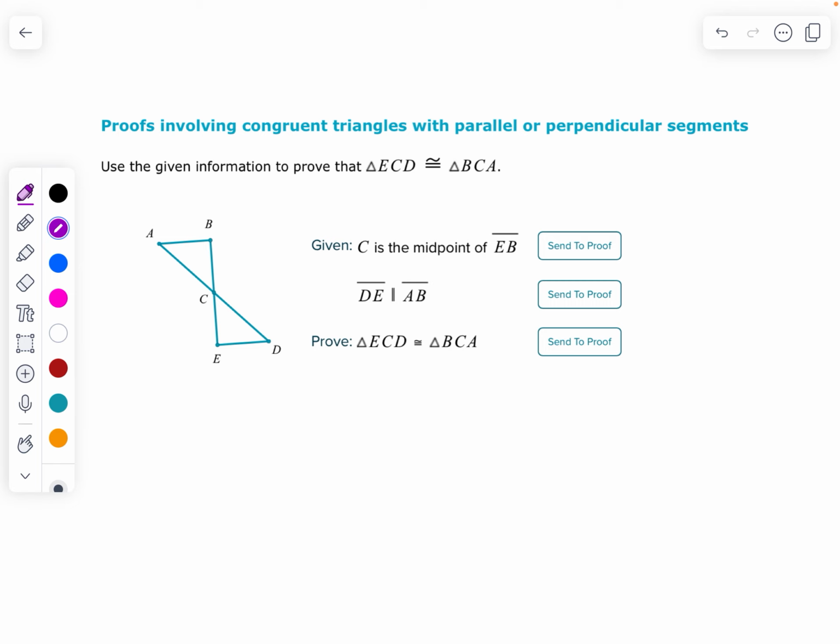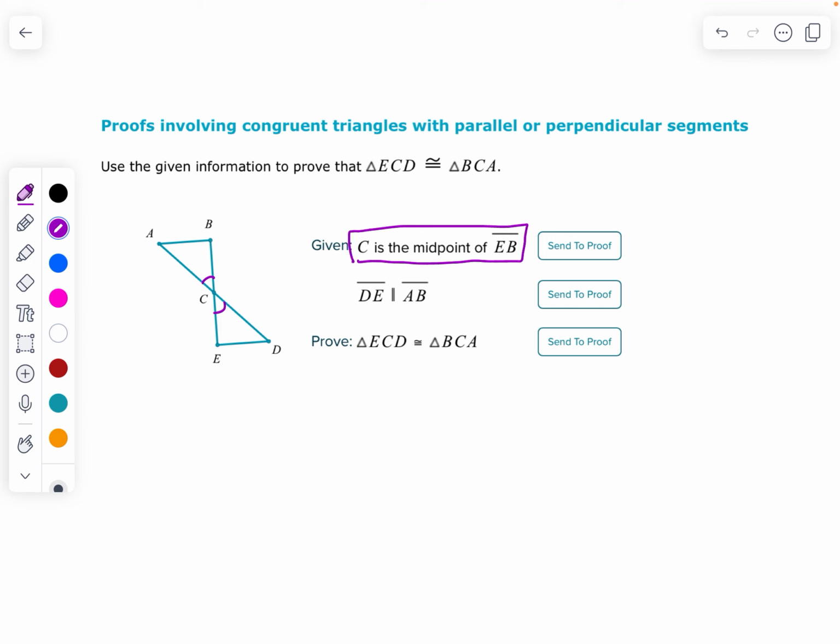Looking at this one, right off the bat, we've got a couple things we know we can do. We've got our vertical angles, so we're going to mark those in. Got that. And then our first one says C is the midpoint of EB.